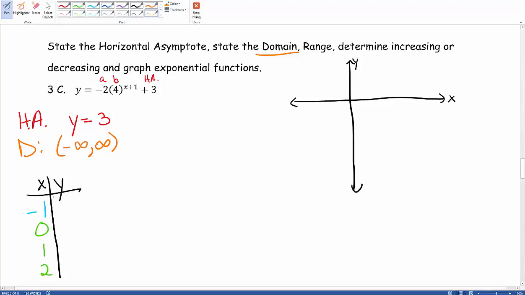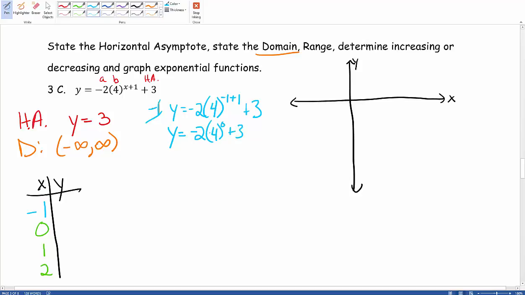When we throw in -1, we end up with y equals -2 times that base 4 raised to the -1 plus 1, plus 3. Simplifying things up, we end up with y equals -2 times that base 4 raised to the 0 power plus 3.